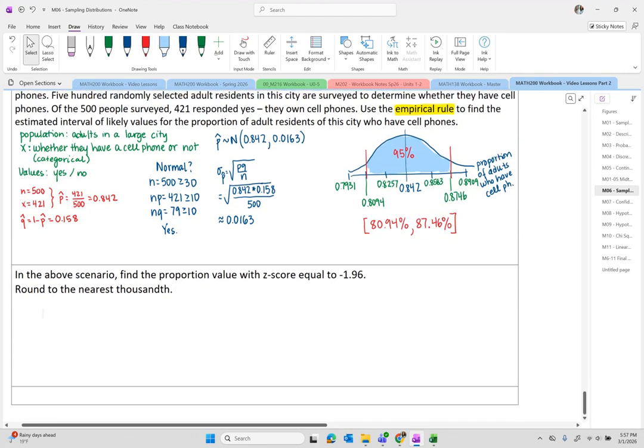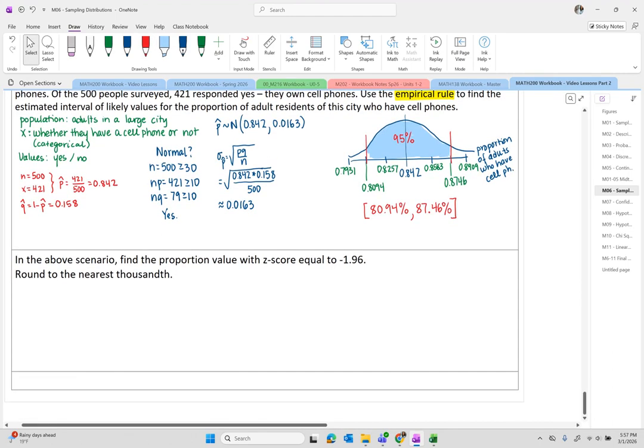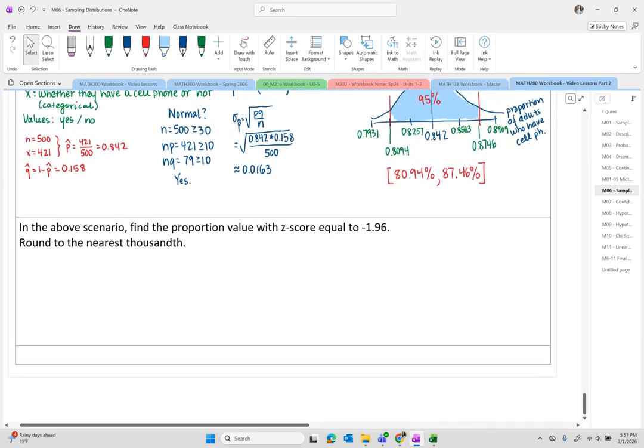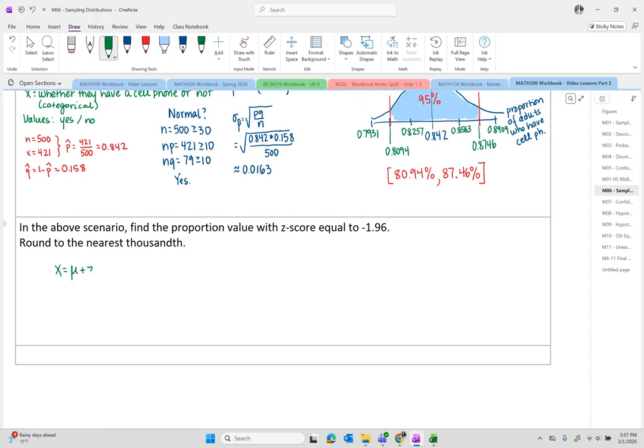The next question says, in the above scenario, find a proportion value that has a z-score equal to negative 1.96. So if you remember, x equals the mean plus the z-score times sigma.